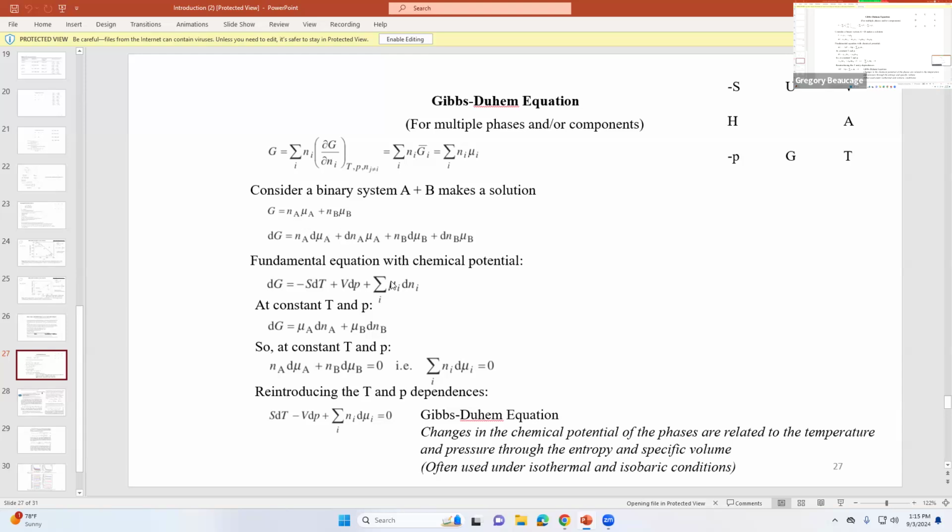So these two things have to be equal. And this guy has the same thing in it, right? He's got mu times dN_A, mu times dN_B. So those two terms are the same as this term, and he's got these 2 extra terms, right? So if you say constant T and P, then you end up with that, and that has to equal that.